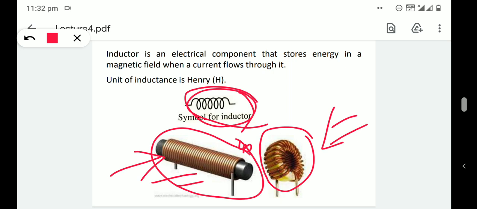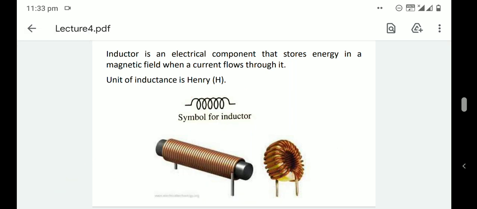Anyway, you need to remember the symbol of the inductor.